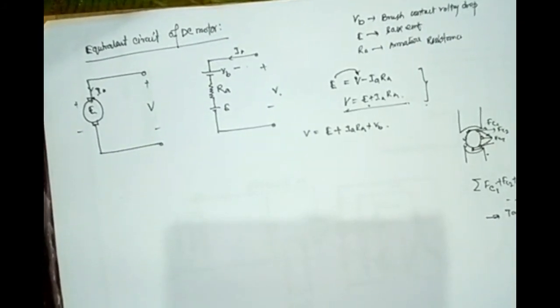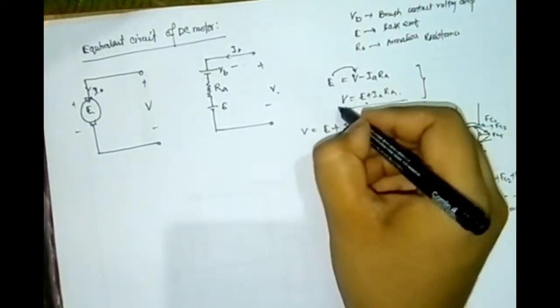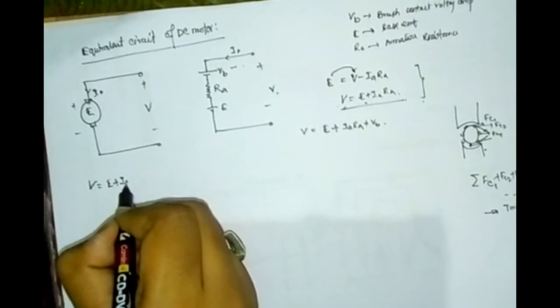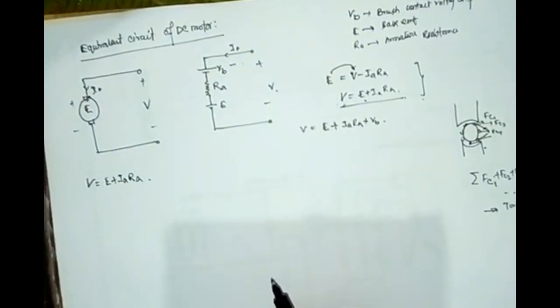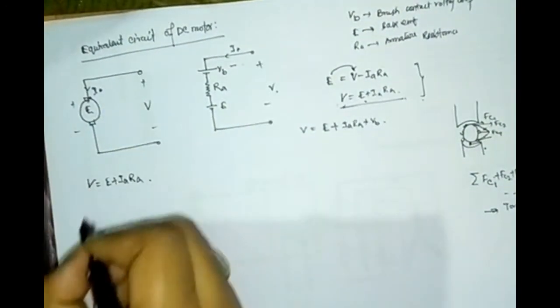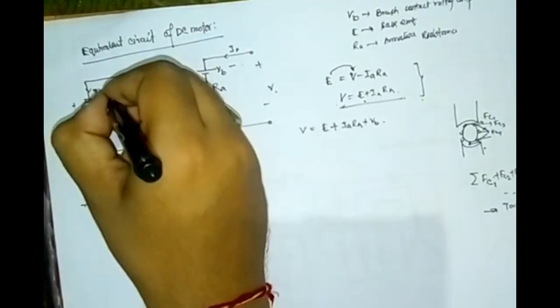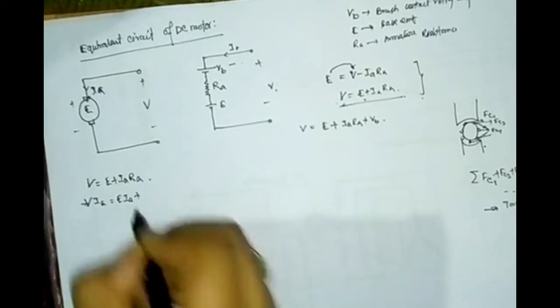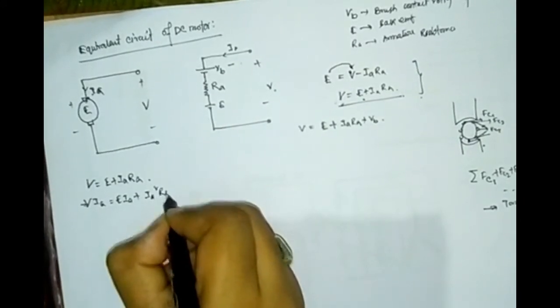Now the voltage equation that I have realized from here: V is equal to E plus IA RA. Now I am multiplying both sides by the armature current IA. So V IA is equal to E IA plus IA square RA.